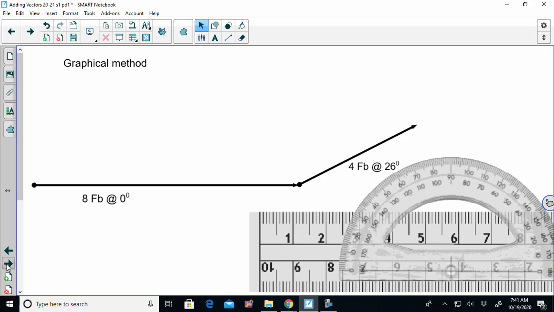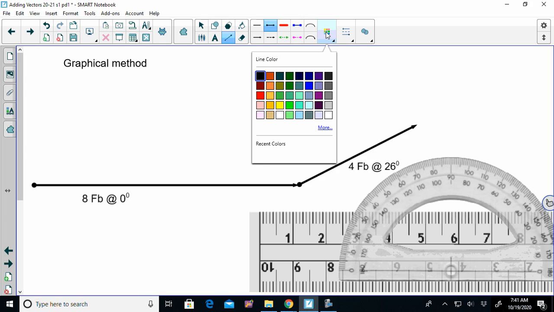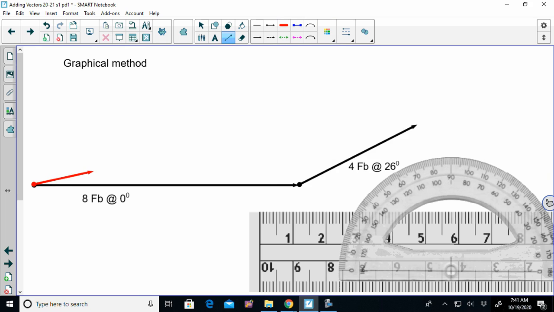And then my resultant vector, just like when they were perpendicular, goes from the start, or the tail, of vector 1 to the head of the last vector, in this case vector number 2. To find the resultant, we have to measure it.